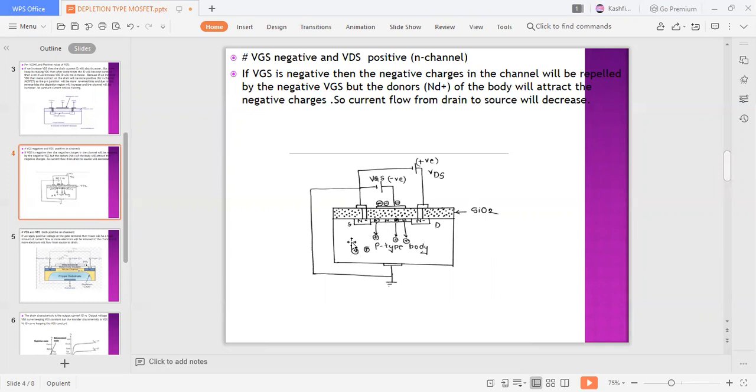So the current flow from the drain to source will decrease.